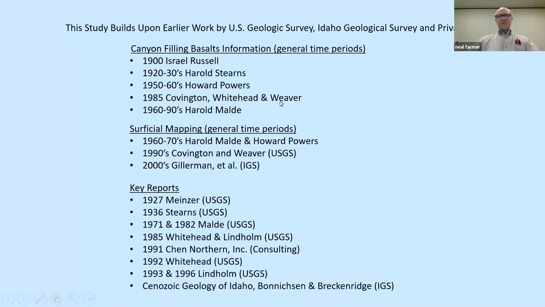Covington, Whitehead, Weaver, and also Harold Malde, all covering different time periods, and these are all USGS scientists. Superficial mapping by the same entities as well as Idaho Geological Survey, Virginia Gillerman, and others. And then key reports listed here that discuss and describe this geologic contact and formations.